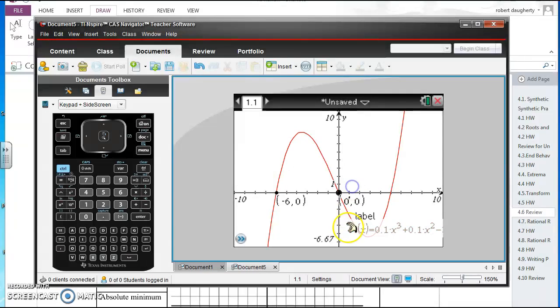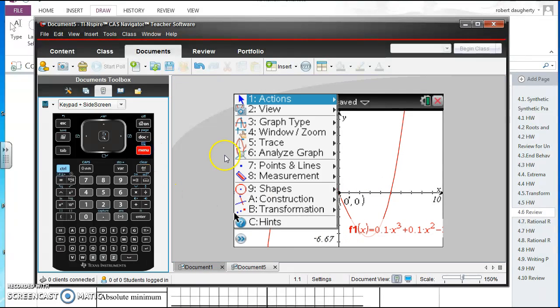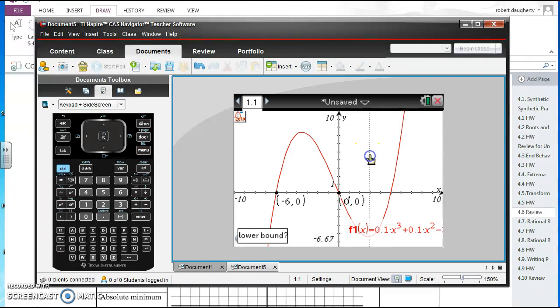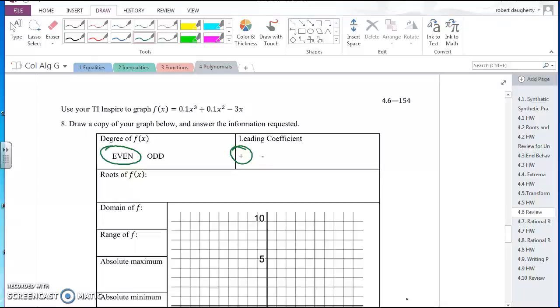I've got a zero at 0, 0. Okay, and then the last one, menu, analyze graph, zero, and 5, 0. So it looks like -6, 0, and 5 are the zeros. So my roots or zeros are at -6, 0, and 5.